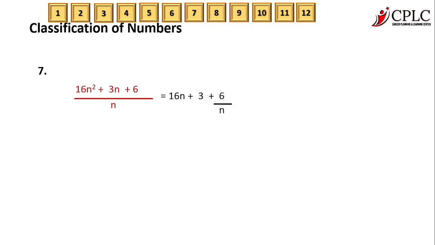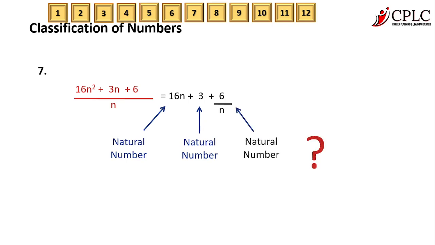Now for this entire number to be a natural number, imagine if n is an integer. So clearly if you multiply 16 with that, you get an integer or a natural number, a proper number basically, which is a non-decimal number. 3 is a constant number anyway, so it doesn't really matter. So the entire dependency now is on 6 by n.